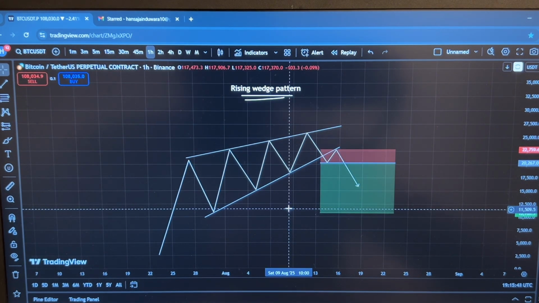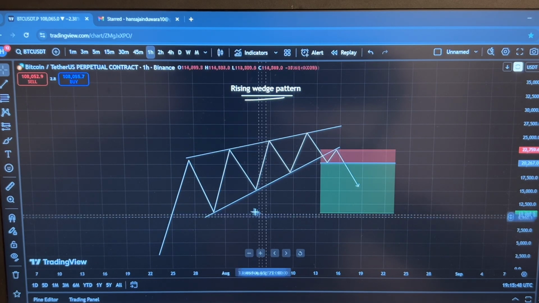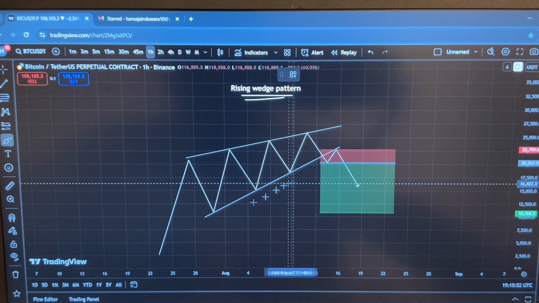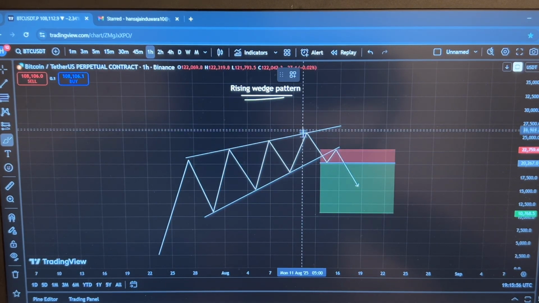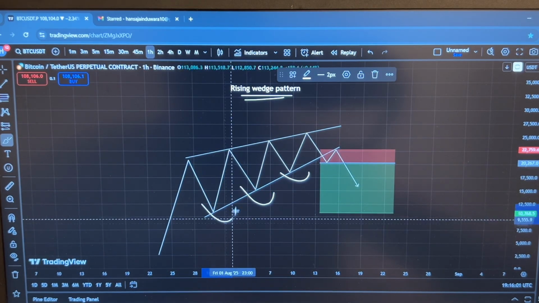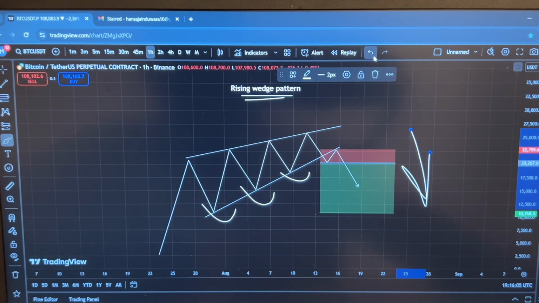But let me show you where to get the TP levels. As you guys can see, in this chart pattern, it keeps on making higher lows, these lows, these lows, these lows. I mean, we are going for a short trade. Just keep that in mind.